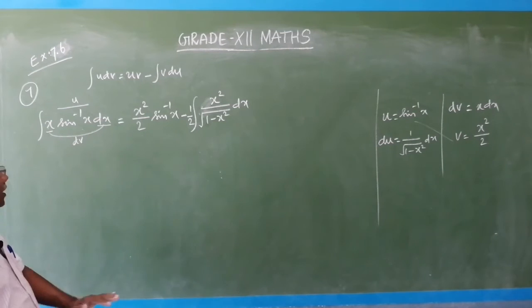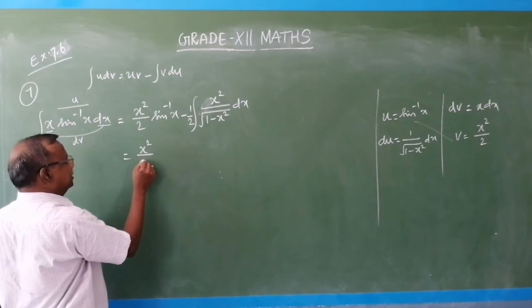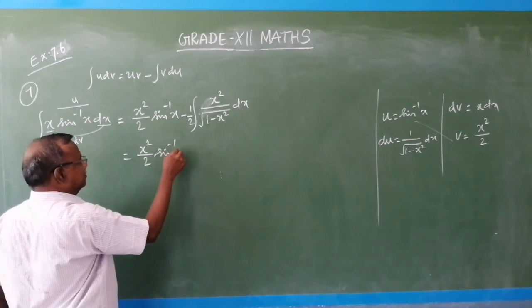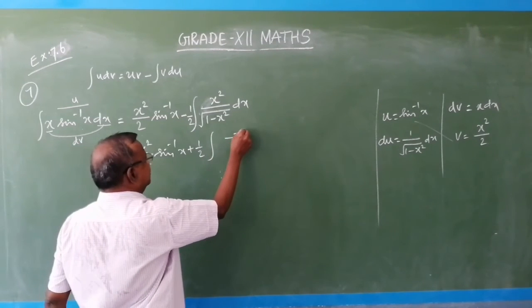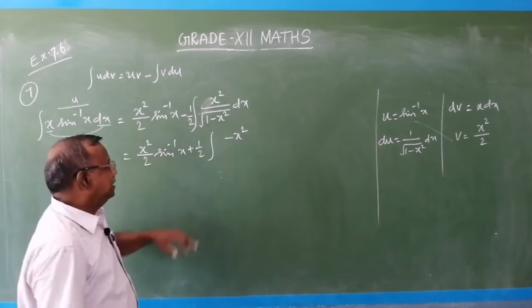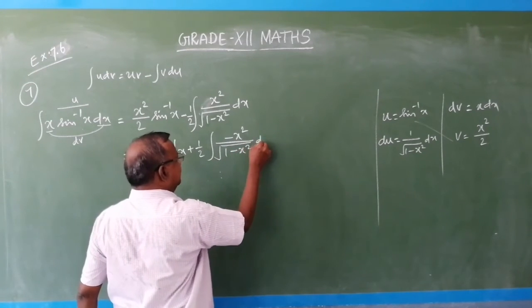Now, for our convenience, let us write it like this: x square by 2 into sin inverse of x plus half into integral minus x square. So, I am bringing the minus to the inside, divided by root of 1 minus x square into dx.